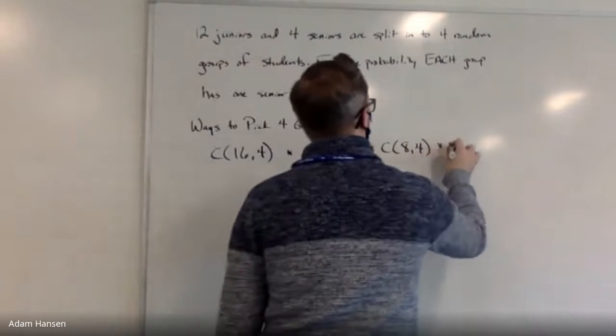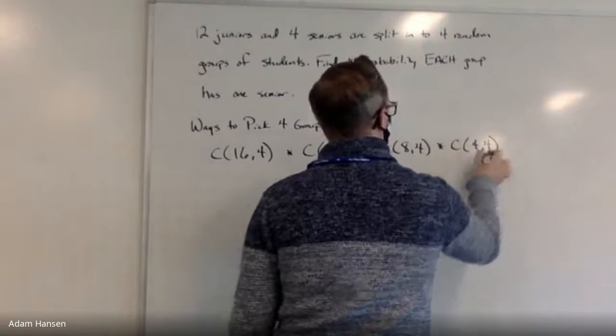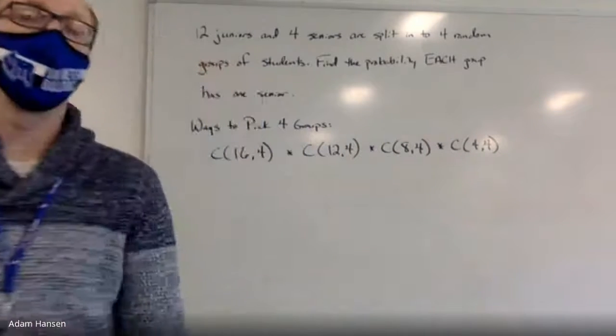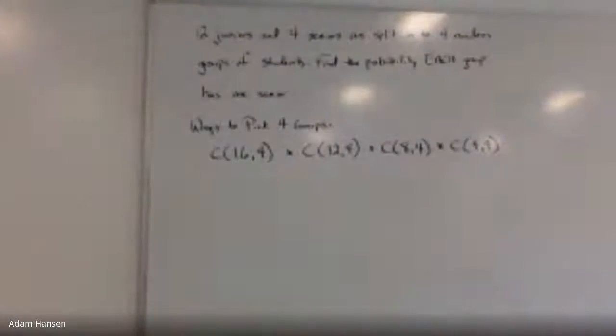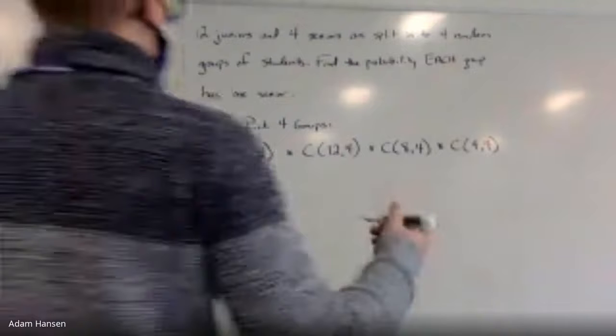And for the last group, there's only one way to do it, but I'll write it anyway. 4 choose 4. It's like there's 63,063,000 different ways to arrange the groups.